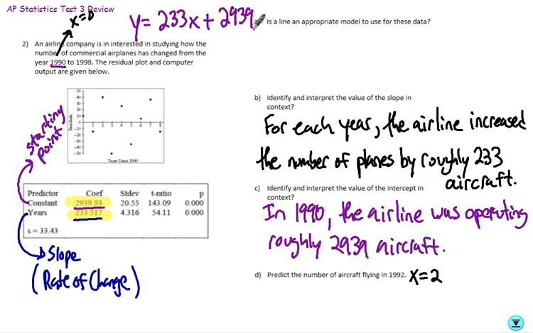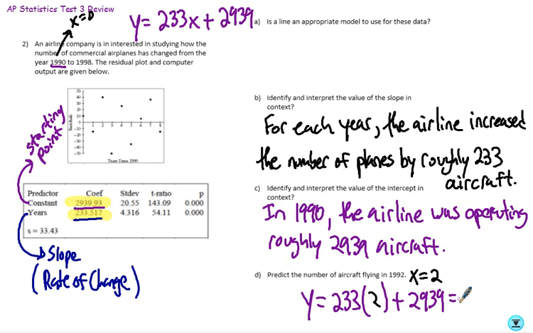So we're just going to take y equals 233 x, but in this case I'm going to plug in 2, plus, again, what we started off with. We're saying our airline started off with roughly 2,939 aircraft, and then what we're going to say here then is, what would that equal?